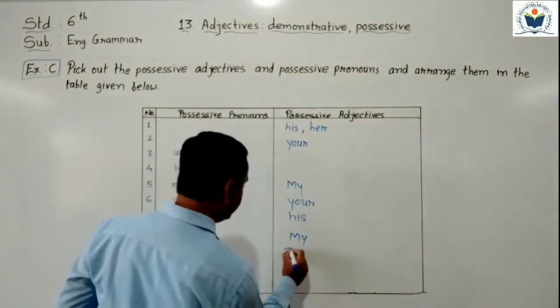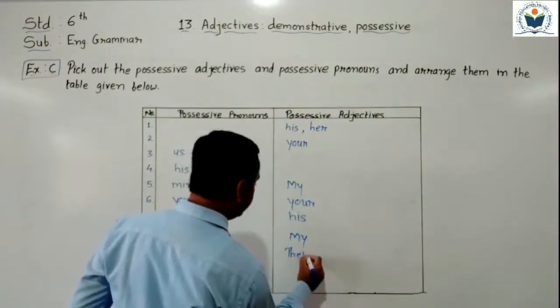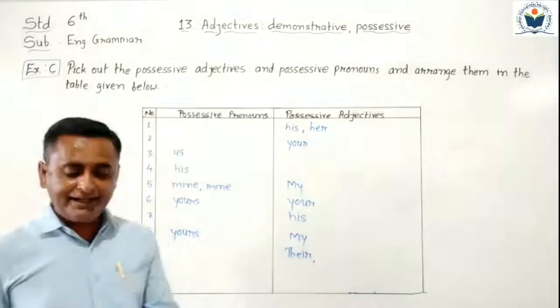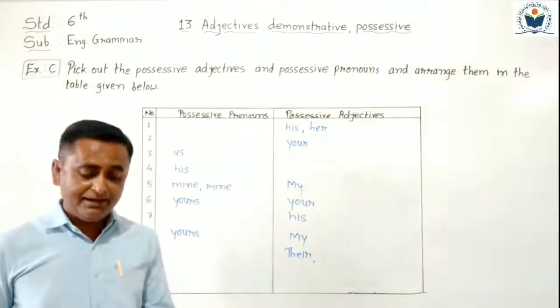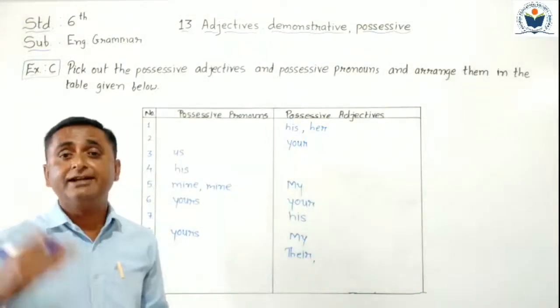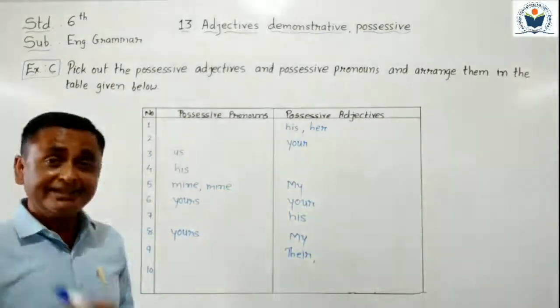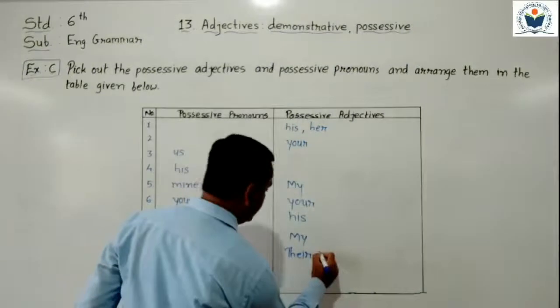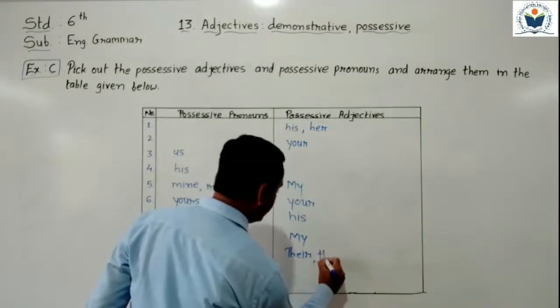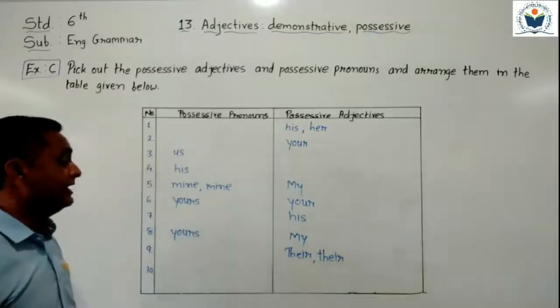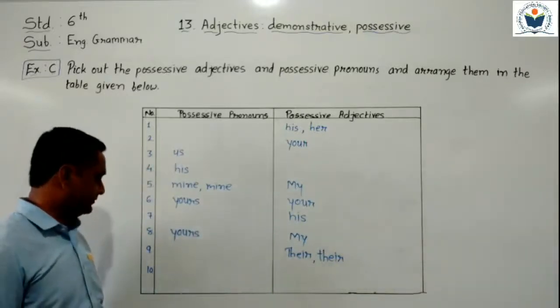The second word is given here: by their clothes. Here their is also followed by the noun clothes. So we can say that the second their is also a possessive adjective. So we have to write both their in the possessive adjective box.